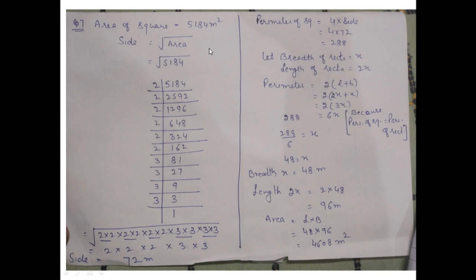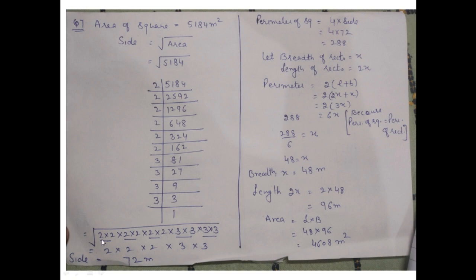First of all, write the area of the square which is given in the question, 5184 meter square. We know the formula for the area of a square, that is side into side. But when we have to find a side, you will get the square root of the area. And the area is this number 5184. Find all the prime factors of this number.